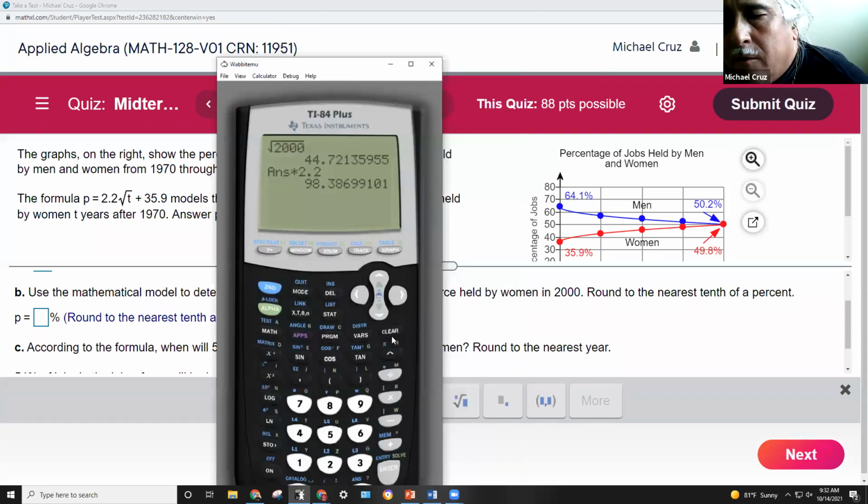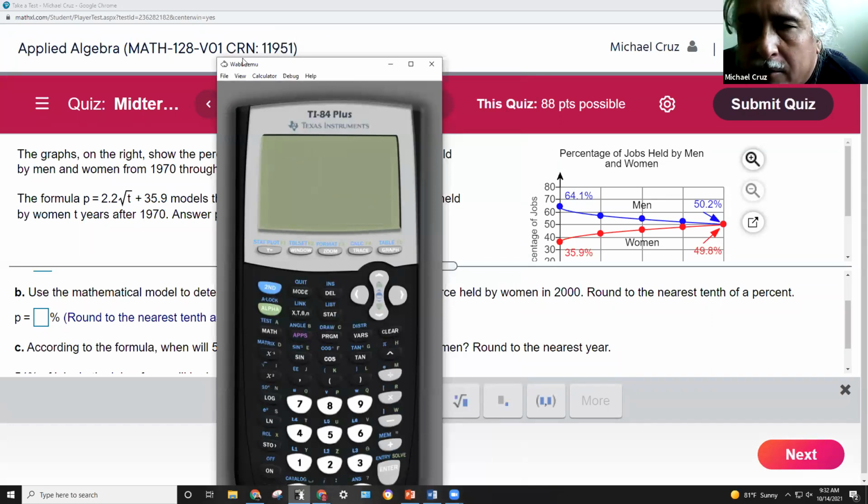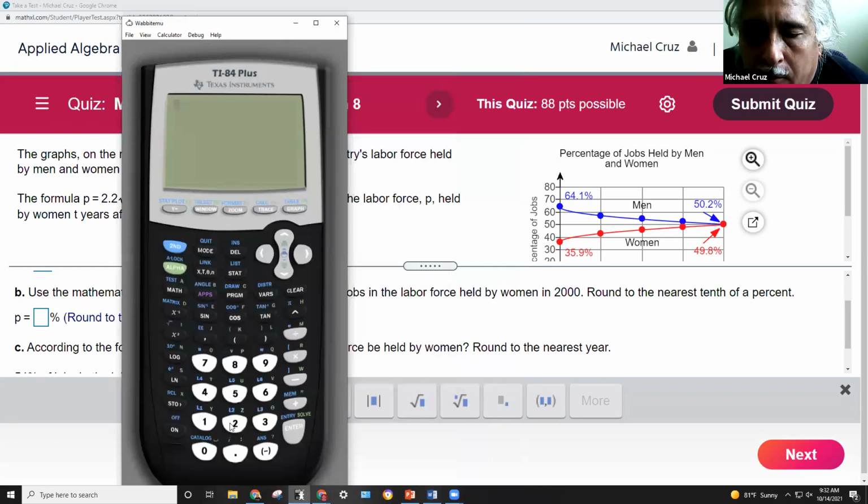Oh, I'm sorry. I'm just being a dope here. It's years after 1970. So what we got to do is subtract, so it's years after 1970. So we use the value of T is equal to 40. That's what we're doing.